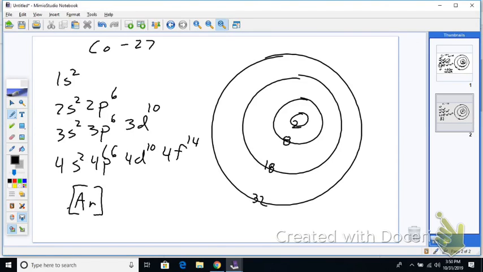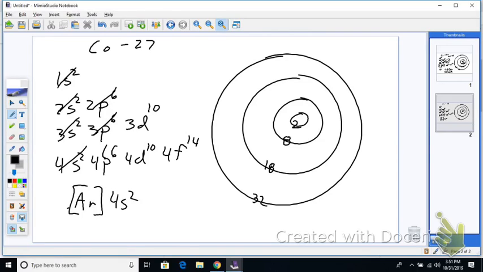So argon is through, and these have already been filled in for argon. So what we'll do is remember the 4s is less energy than 3d, so we'll go 4s2.